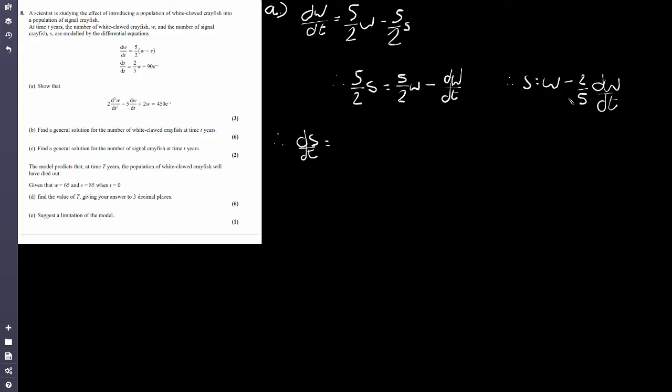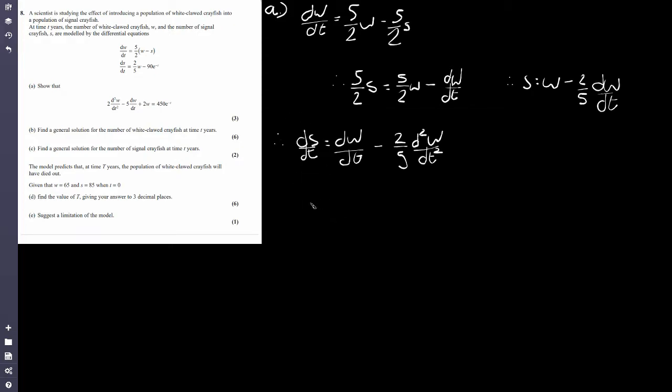So we're differentiating this w here, so dw dt, and this dw dt, if you differentiate it again, it'll be the second derivative, so it's minus 2/5 of the second derivative here. Like so. Now we just need to keep rearranging, okay? But before we do that, what we know is that ds by dt is 2/5 of w minus 90e to the minus t. So now I can sub that in.